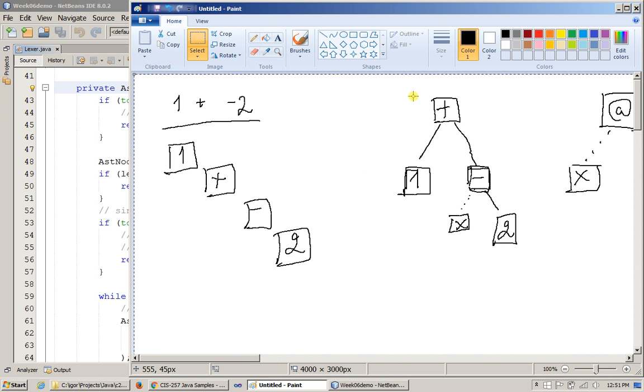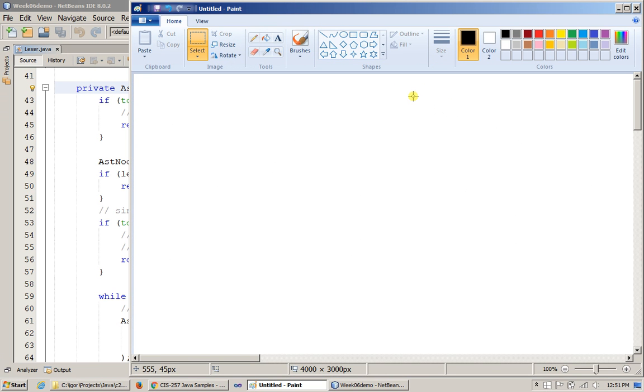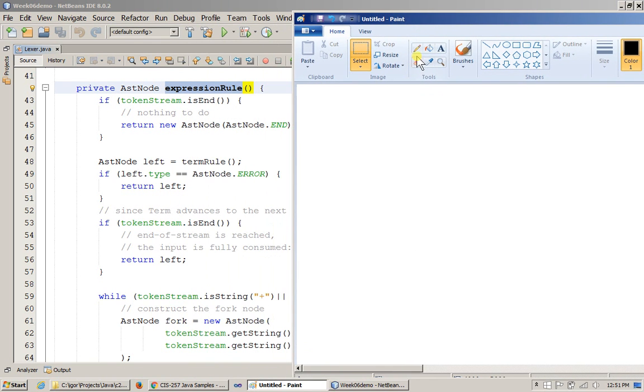So let me clean this up a little bit, and just summarize. We say that any arithmetic expression will have a term as part of it, right? So that's why we call the term rule.